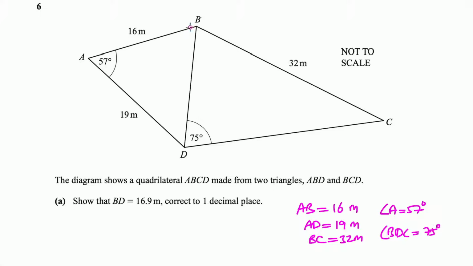Now they want to find out the value of BD. If you can see in this triangle, two sides and the included angle are given. So we can use cosine rule to find the third side.